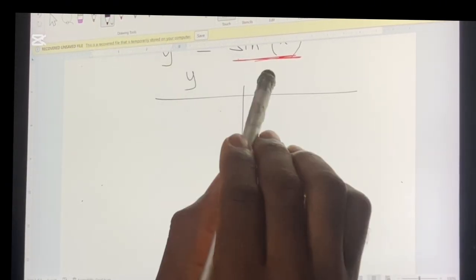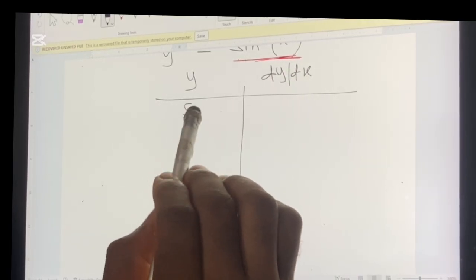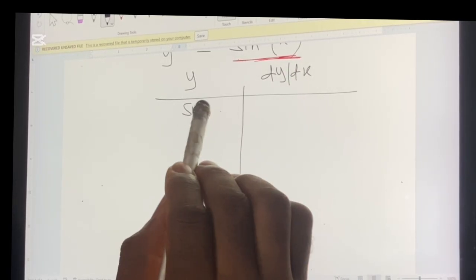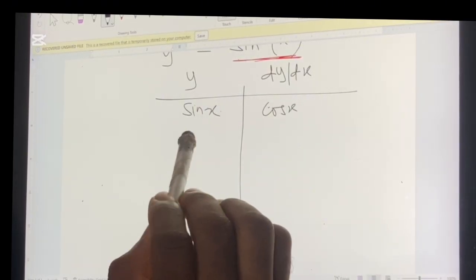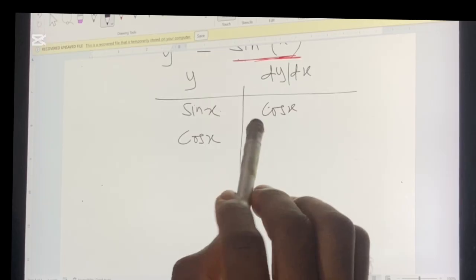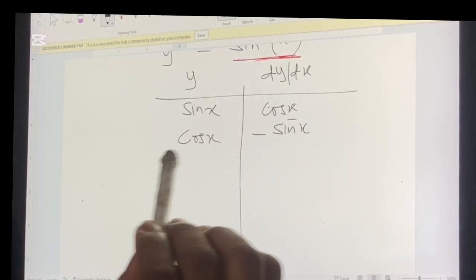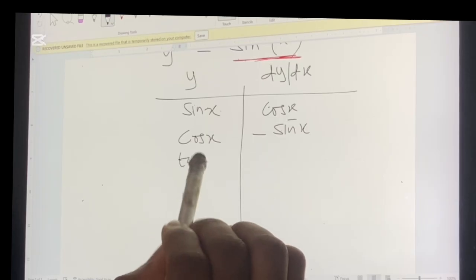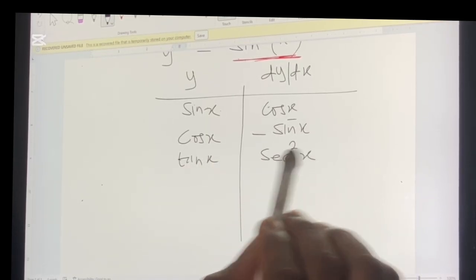This is y, and this is dy over ds. For sine s, the derivative of sine s is cos s. For cos s, the derivative is what? Minus sine s. For tan s, the derivative is sec square s.